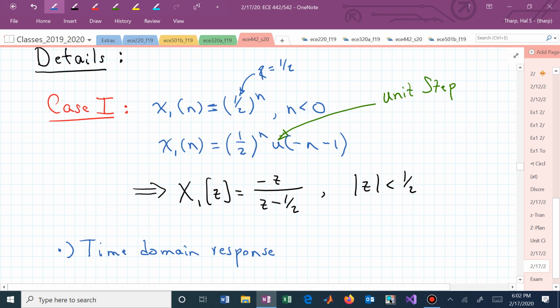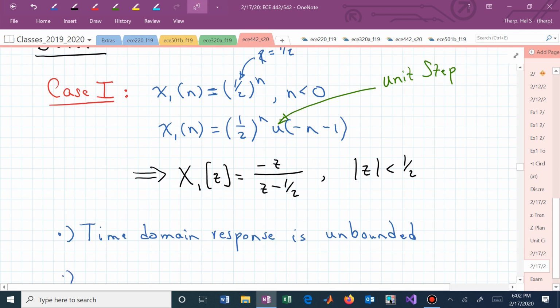Is it bounded or unbounded? This is now unbounded. And in fact, if x sub 1 of n corresponded to an impulse or a pulse response of a system, we would say that that system was unstable. But here let's just talk about that sequence x sub 1 of n.